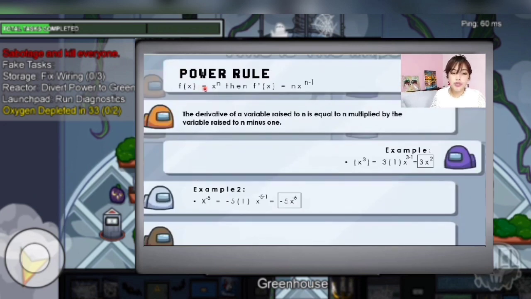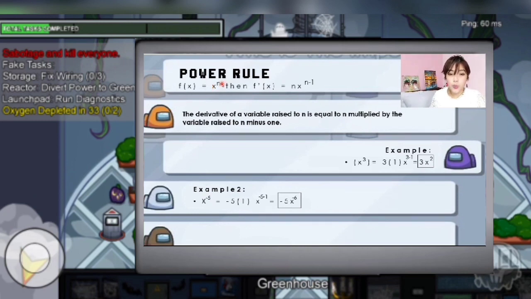Next is the power rule. f of x is equal to x raised to n. Then the derivative of f of x, or f prime of x, is equal to n times x raised to n minus 1. So for x raised to n, where n is an element of the real numbers, consider the exponent, which is n, and multiply it to the variable x.